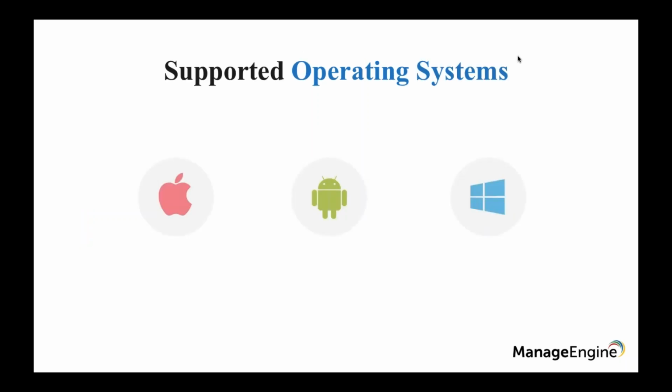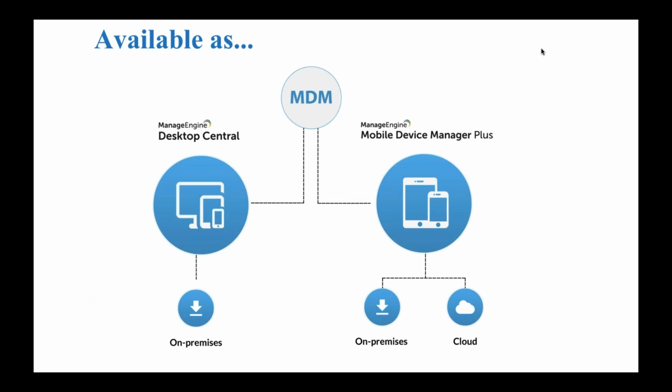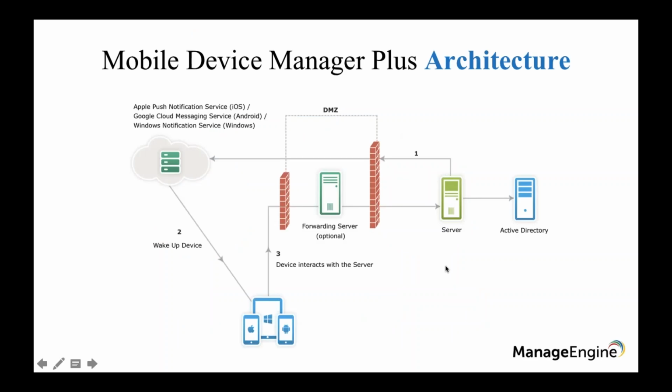Mobile Device Manager Plus allows us to manage tablets and mobile devices running on iOS, Android, and Windows operating systems. It is available as an add-on to Desktop Central, as a standalone on-premises product, as well as on cloud. So we will start off by understanding the Mobile Device Manager Plus architecture.